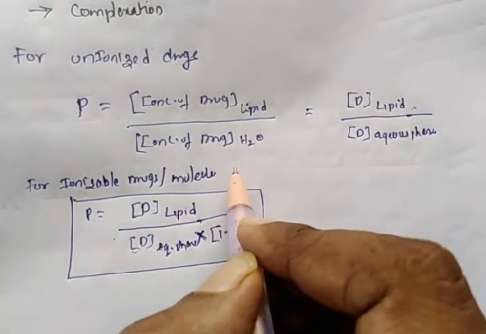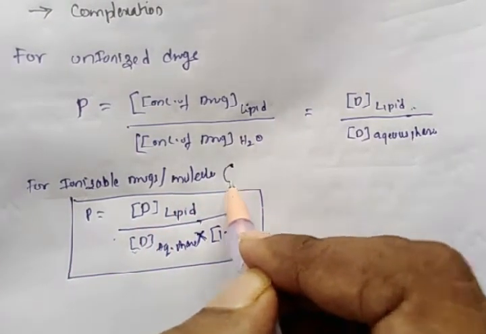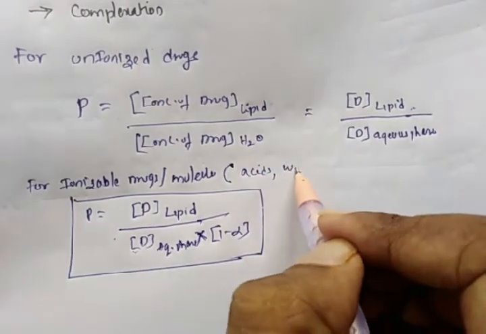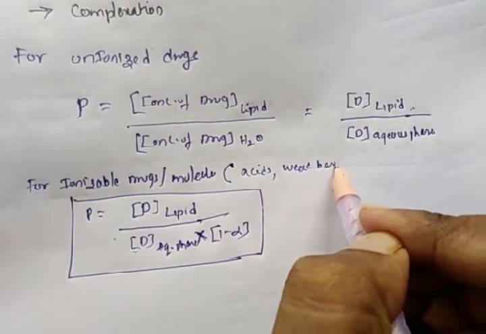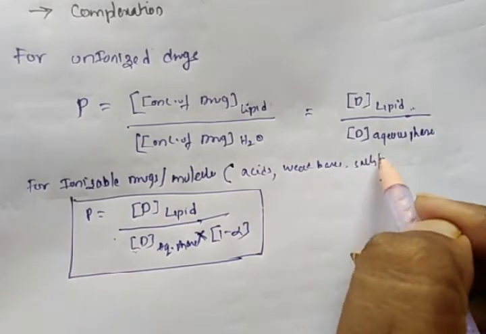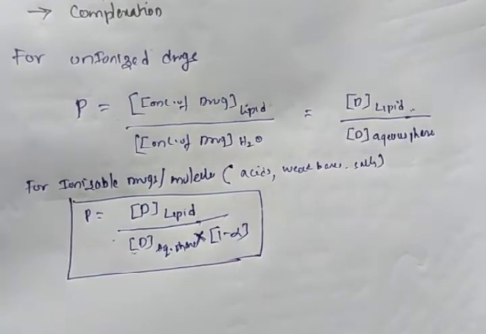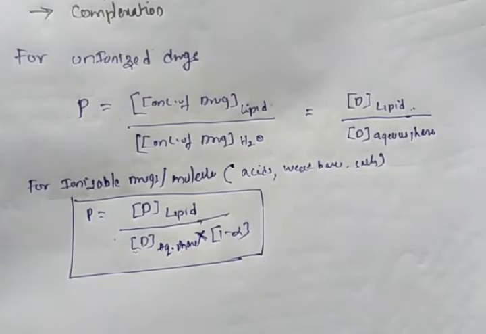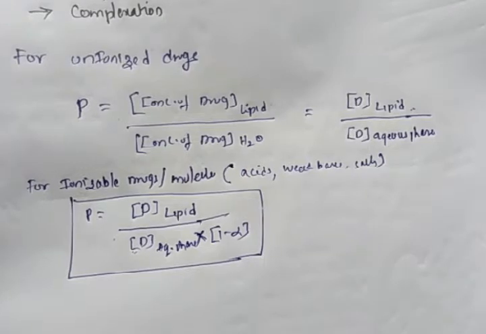Examples of ionizable drugs are acidic drugs, weak acids, weak bases and salts. These drugs are generally ionizable in nature. Most drugs are weak acids and weak bases, so most drugs are ionizable.